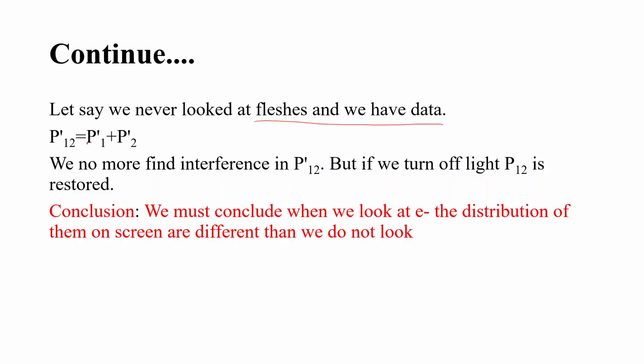This p dash 12 equals p dash 1 plus p dash 2 must be true. So we no more find interference in p dash 12, but if we turn off this light source, P12 is restored. So what is P12? P12 is (phi1 plus phi2) whole squared. So the conclusion: when we look at the electron, the distribution of them on the screen is different than when we do not look.